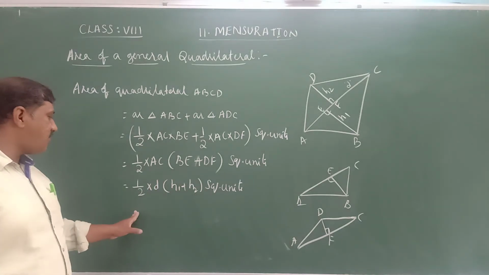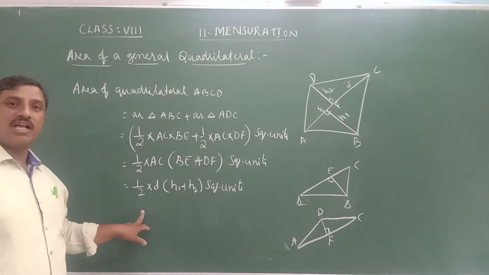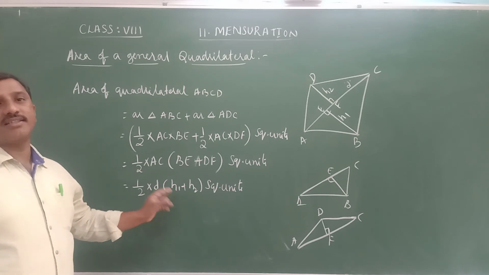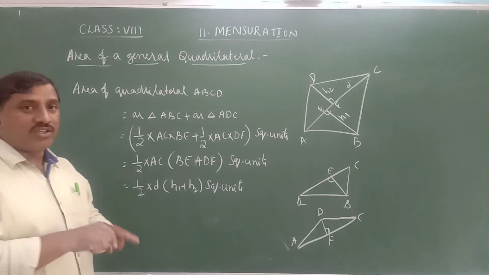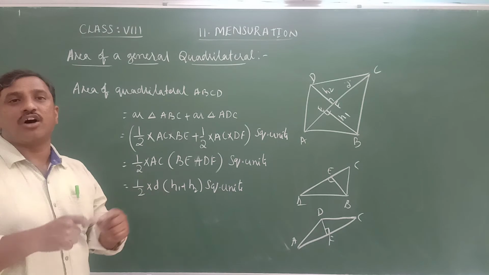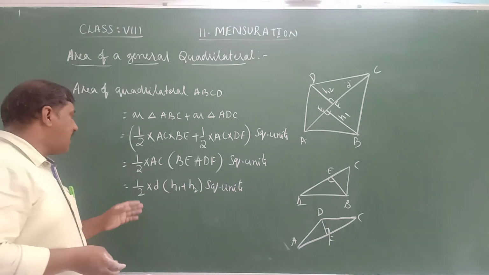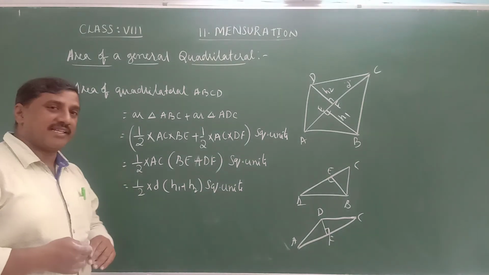That is half of the product of the diagonal and the sum of the altitudes drawn to that diagonal from its opposite vertices is the area of quadrilateral ABCD.